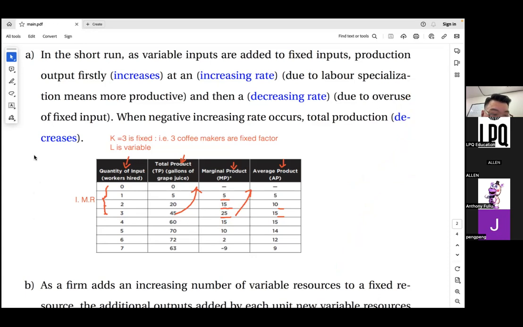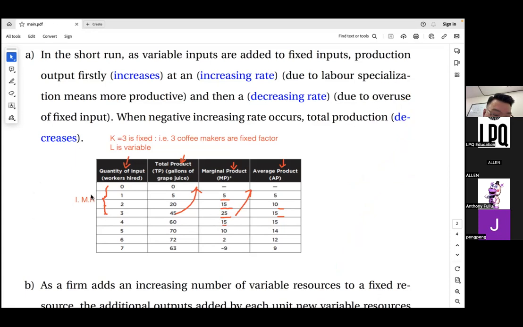Okay, let's continue. When we add the fourth unit of labor, the labor comes to 4 units. Say the total production is 60, so you see marginal production begin to decrease.